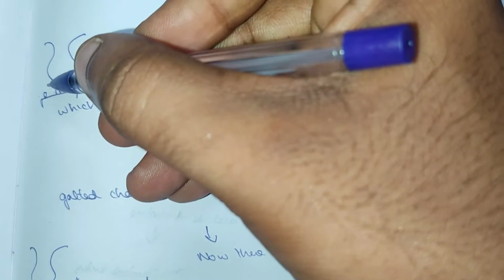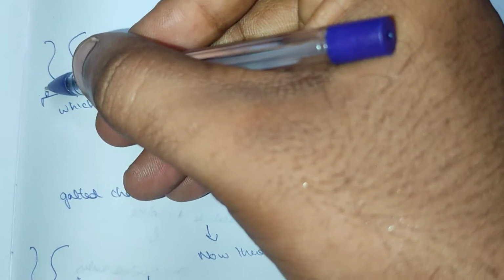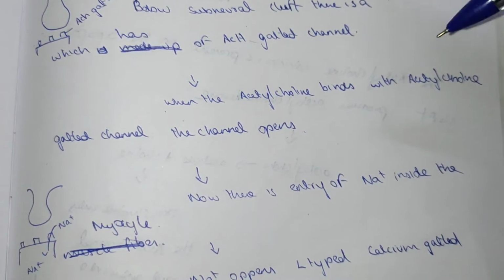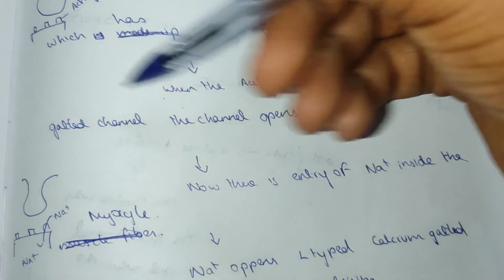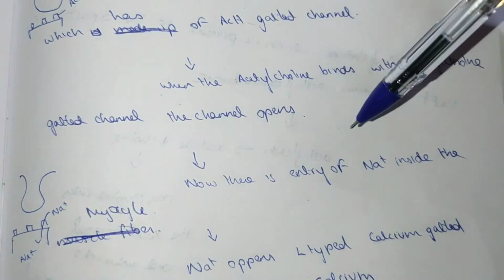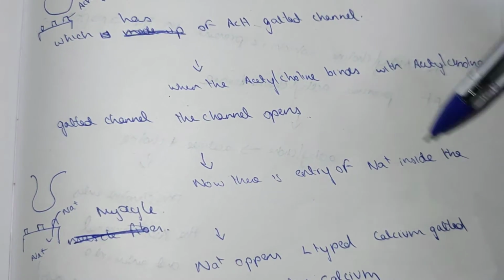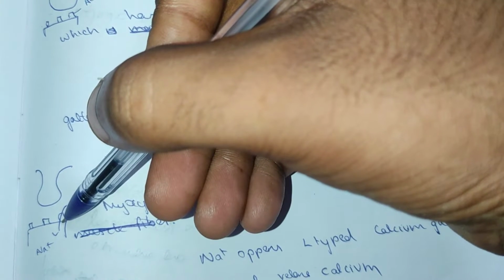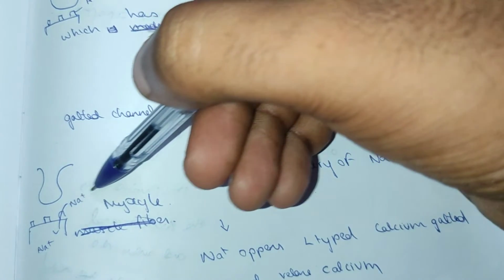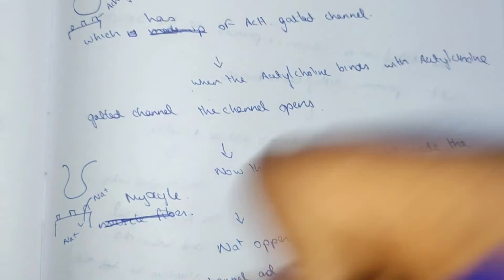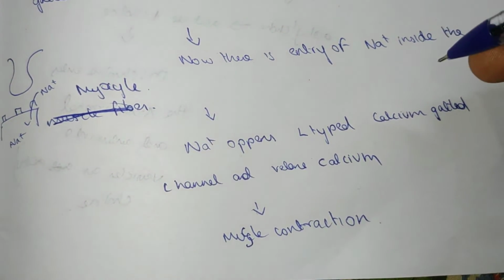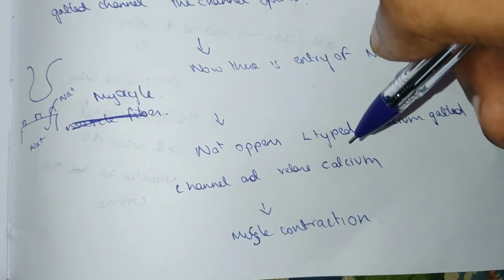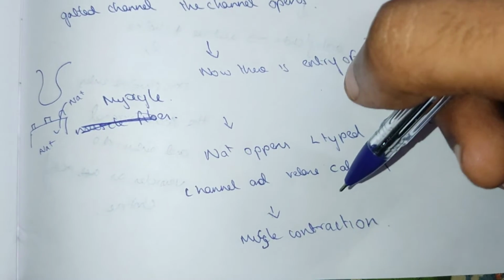Due to the acetylcholine present in the synaptic cleft, it binds to the acetylcholine gated channel and opens it. The opening of the acetylcholine gated channel makes the Na plus which is present outside enter inside the muscle fiber. Now the Na plus opens the L-type calcium gated channel and releases the calcium. Now there is muscle contraction.